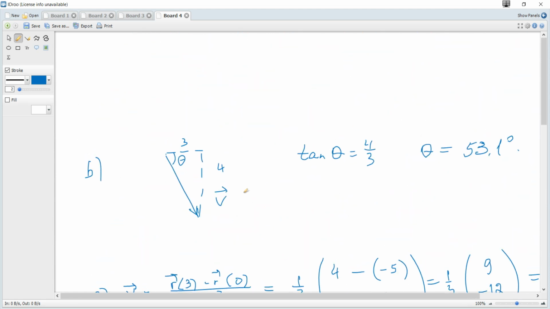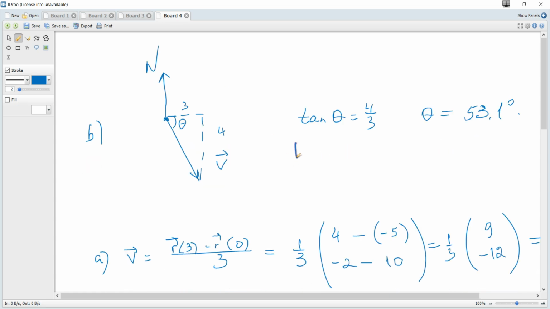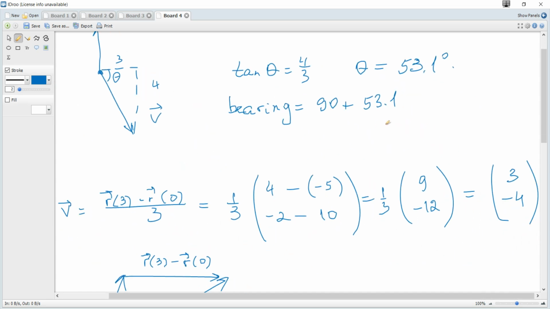To get the bearing, at the starting point we should draw north upwards, and in the clockwise direction this angle is the required bearing angle, and you can see that we need to just add 90 degrees. So the required bearing is 90 plus 53.1, and it's 143 degrees.